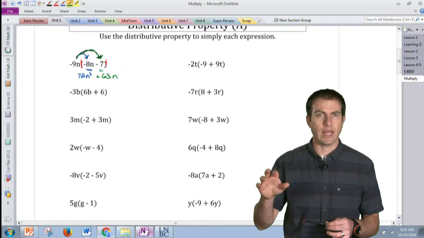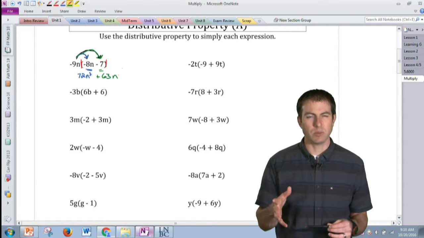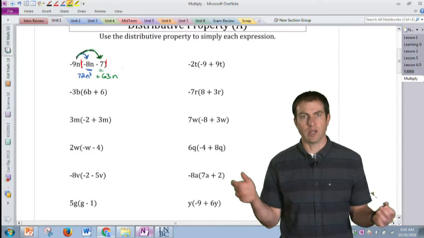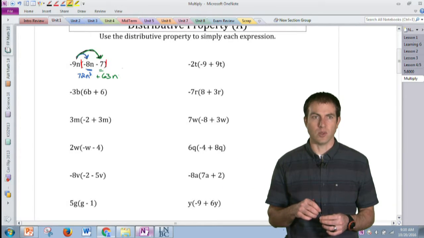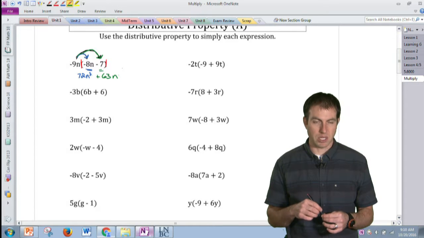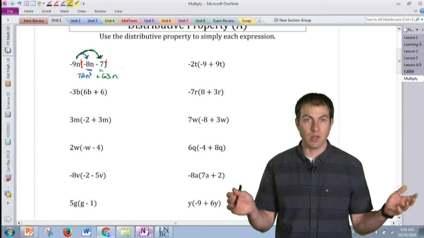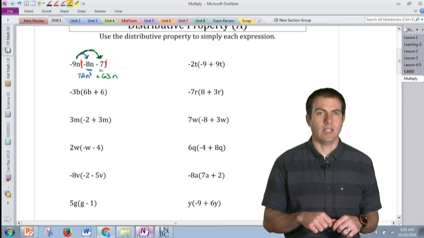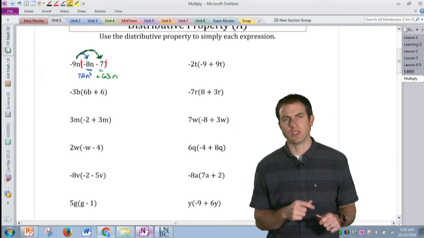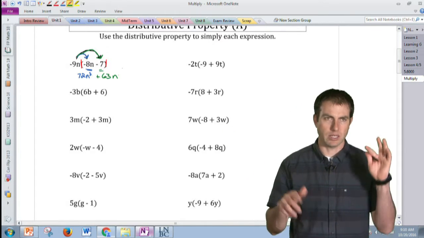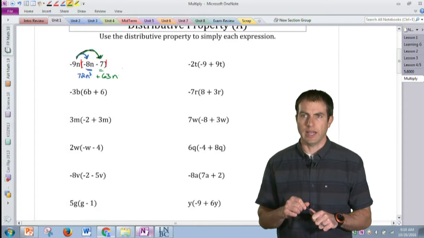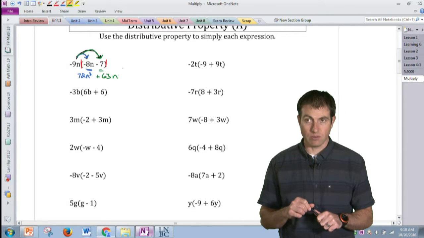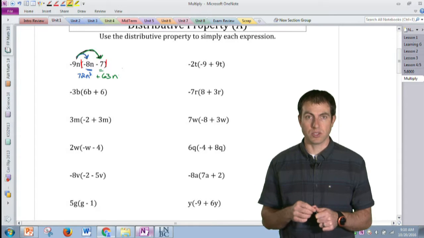So maybe in chat, you just want to type in if you've seen this before or if it's new, just so I kind of get a bit of an idea of how many of these I need to go through to make sure that everybody's on the same page. So if this is kind of like a brand new idea, you can just write a new. And if you're like Mr. Borden, I did hundreds of these last year, you could just type in like seen it, done it, been there. And if we've all seen it before, then I'll just move on after a couple.